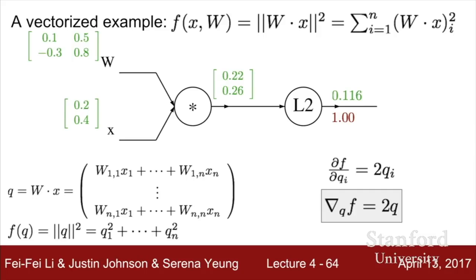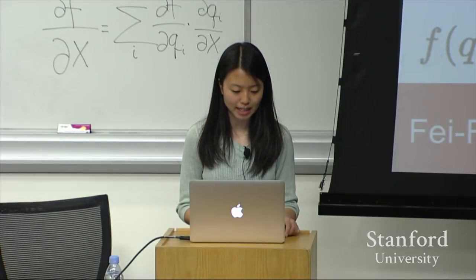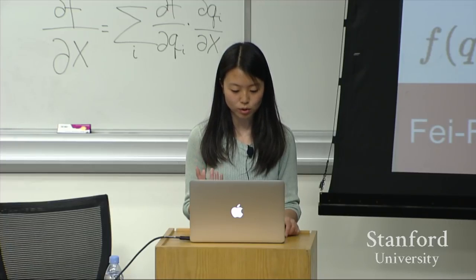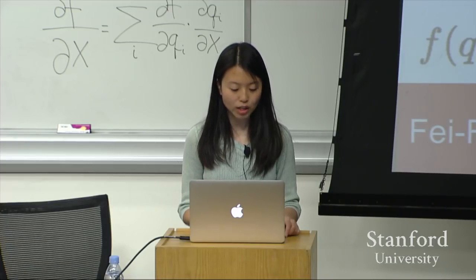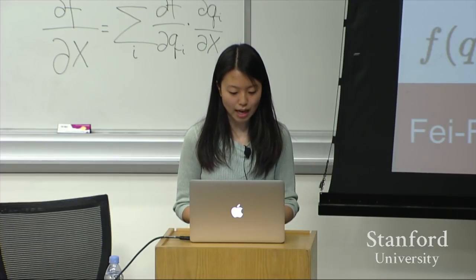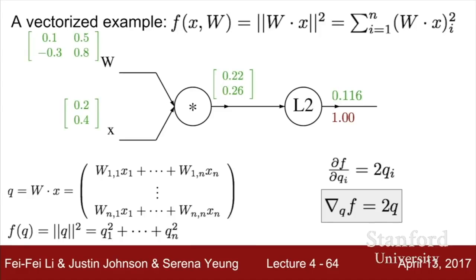And so if we look at this expression that we've written out for f here at the bottom, we can see that the gradient of f with respect to a specific qi, let's say q1, is just going to be 2 times qi, right? This is just taking this derivative here. And so we have this expression with respect to each element of qi. We could also write this out in vector form if we want to. It's just going to be 2 times our vector of q.